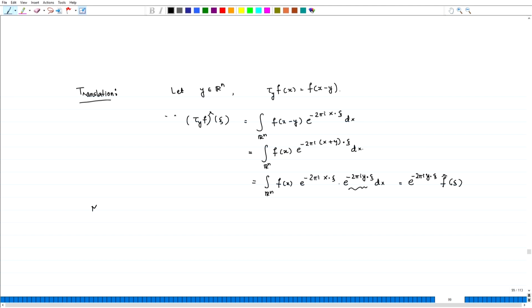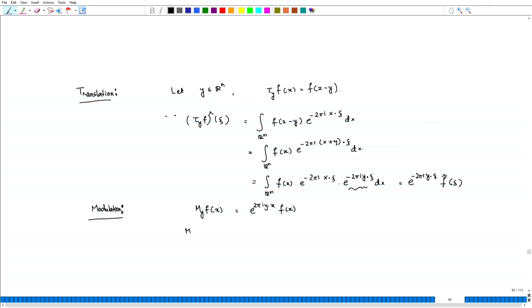Then modulation. We define M_y of f of x as e to the power 2 pi i y dot x times f of x.